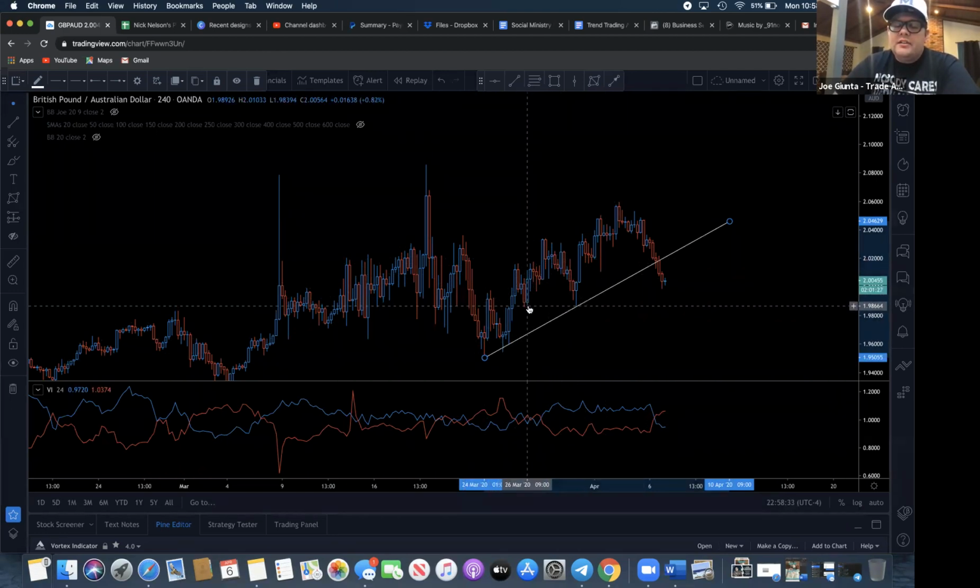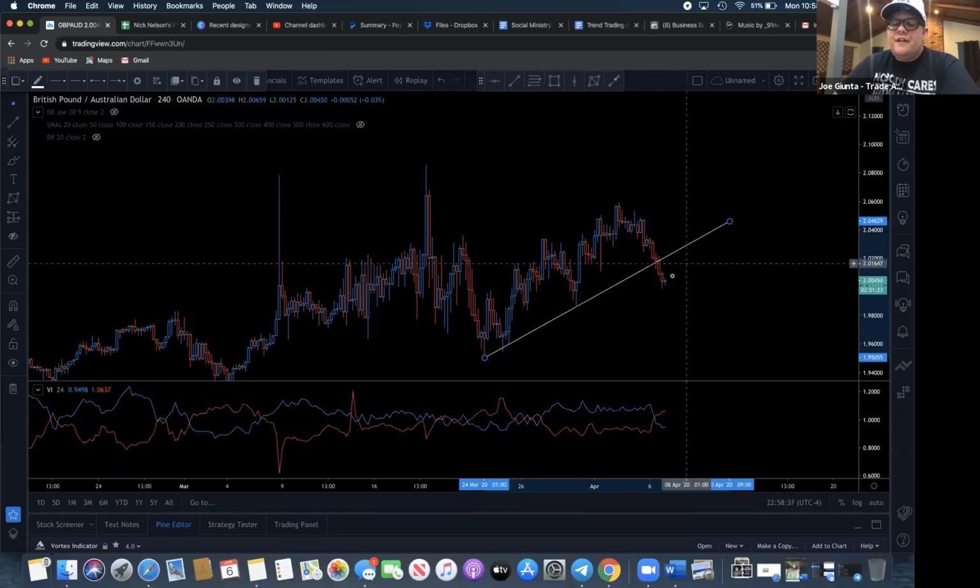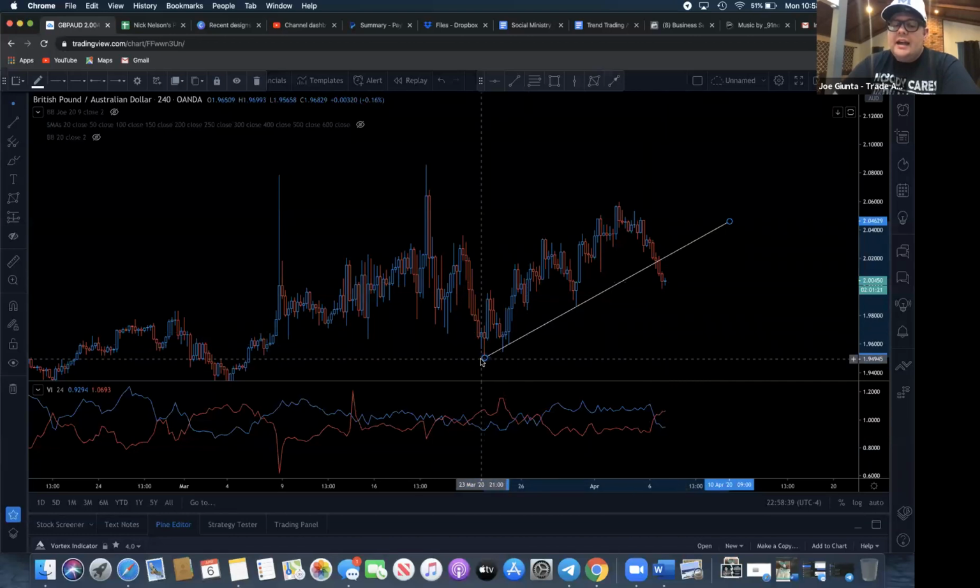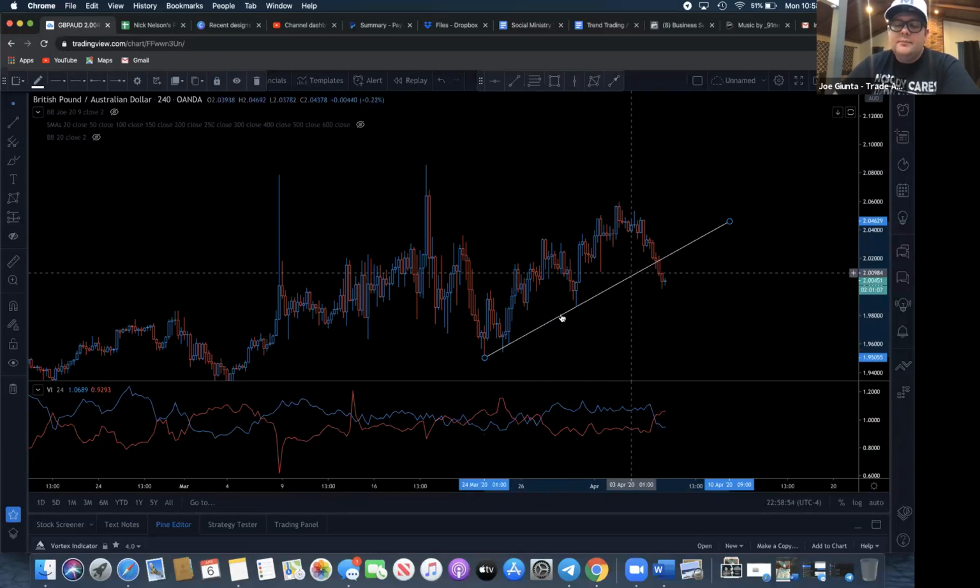Now this right here is less important. Why? Because 2 dictated the trend. 5 didn't dictate the trend. I can't dictate a trend off of 1 and 5. I have to dictate the trend off of 1 and 2. Everybody with me? Low, high, lower high, higher high, right? Everybody with me? That's how we dictate a trend.